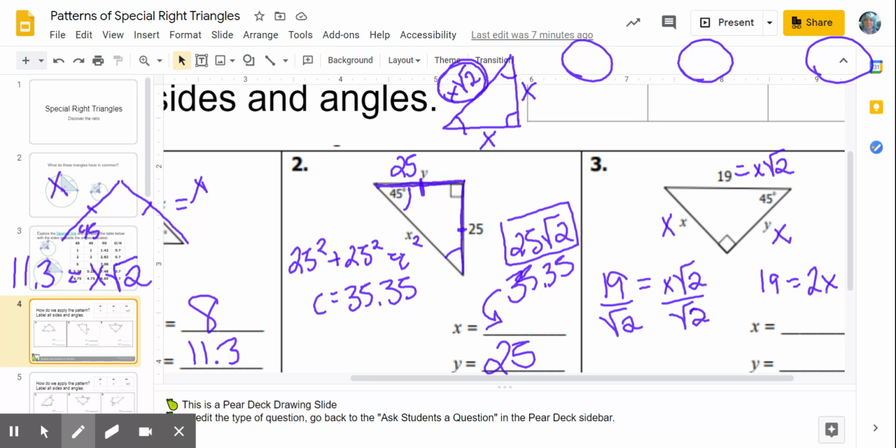So you want to do 19 divided by 2, square root.